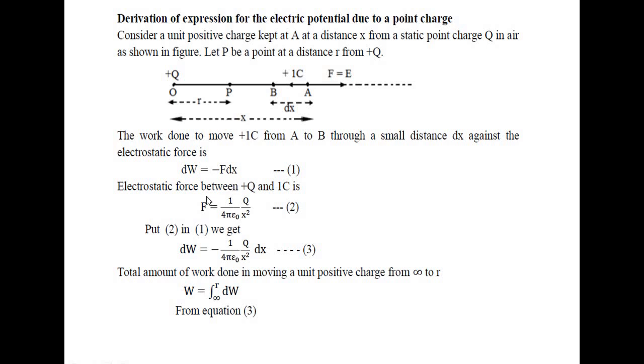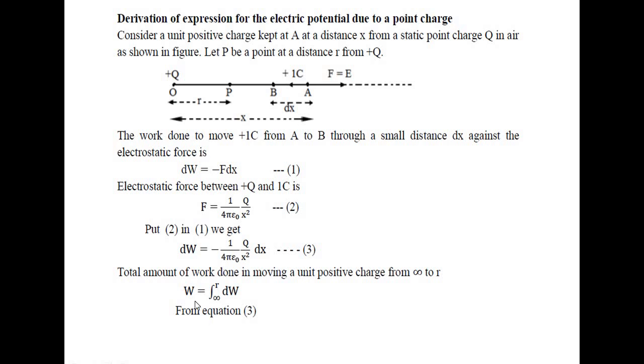Substitute the value of F in this equation. So dW is equal to minus F, means this expression, q by x square dx. Substitute 2 in 1. So the total amount of work done in moving a unit positive charge from infinity to r. Actually, electric potential at a point is the amount of work done in bringing the charge from infinity to the point P. Point P is at a distance of r.